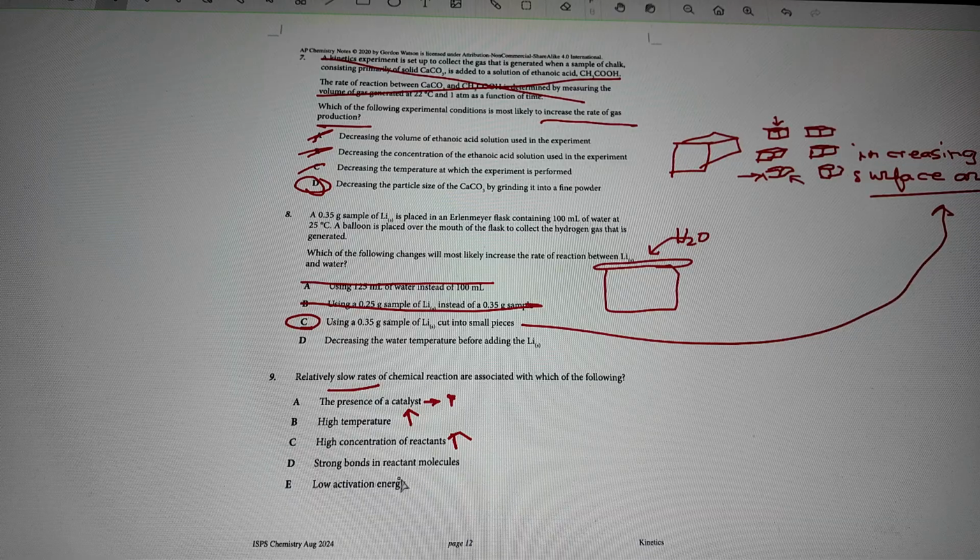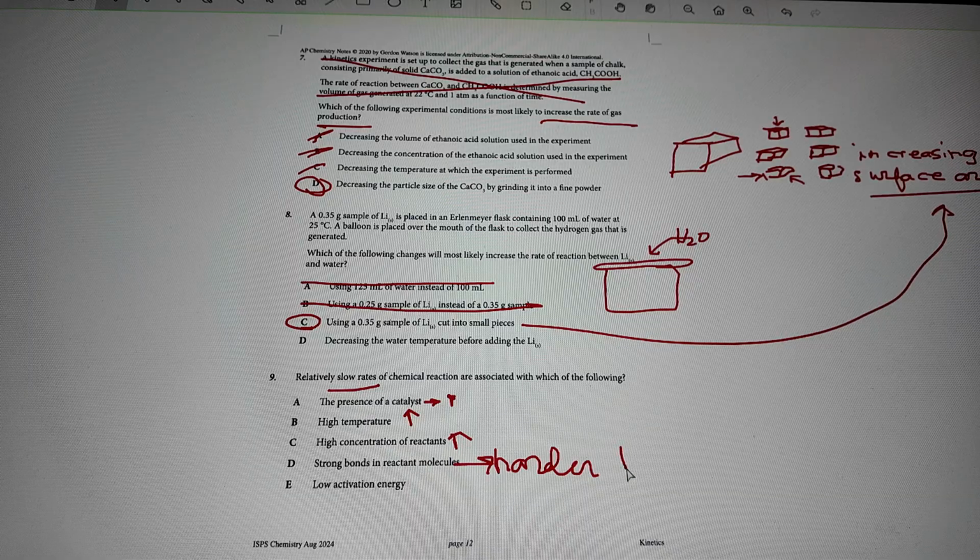Strong bonds with reactant molecules could slow things down. Strong bonds make it harder to break things down. So I think it would be D.